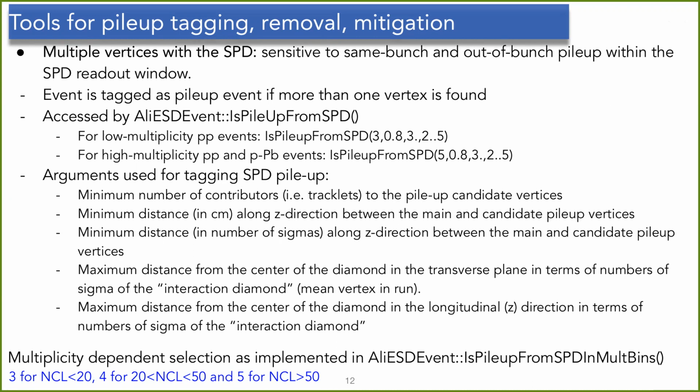If it is between 20 and 50, it will take 4, and if it is greater than 50, it will take 5. So in your analysis macro, when you get the pointer for the ESD event or AOD event, you can directly call this function IsPileupFromSPDMult or IsPileupFromSPD to reject this same bunch pileup and out of bunch pileup depending upon the conditions you have put.